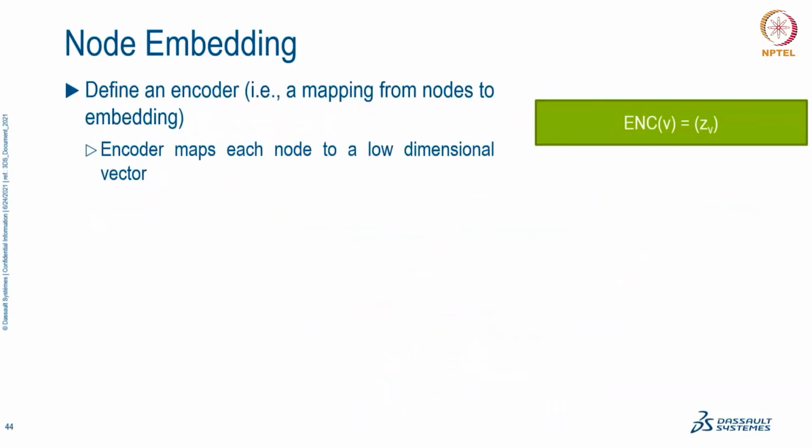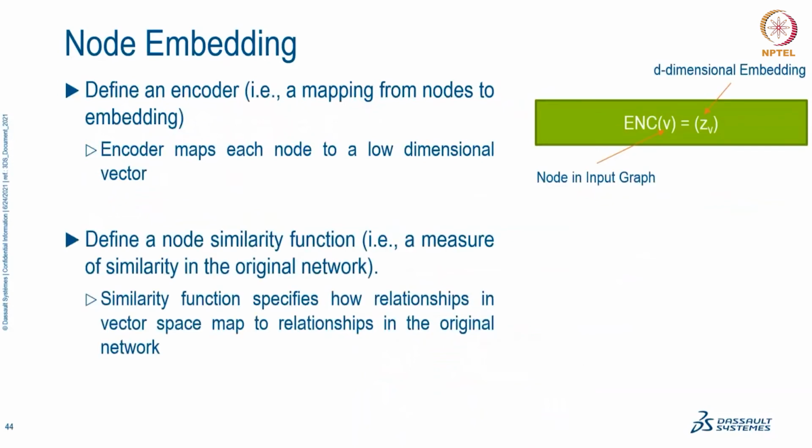That is the mapping from one space to another space, the same way as the 3D point on a surface is mapped to a 2D parametric space point. So this V is the input of the graph and ZV is the embedding space value, or you can say embedding space node.